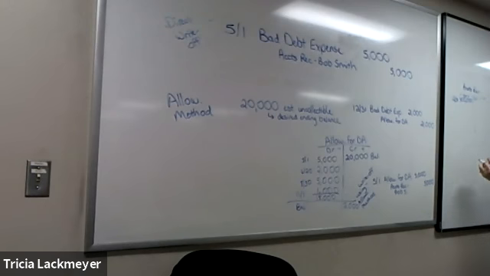And allowance for doubtful accounts, after the adjustment, had an ending 20,000 balance.